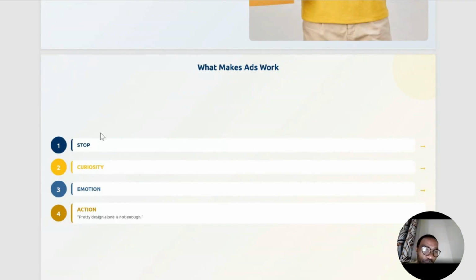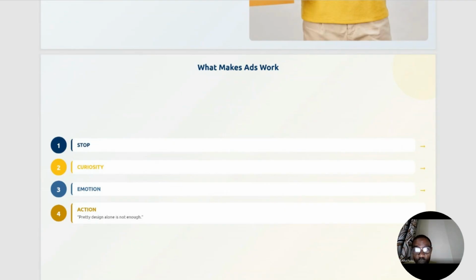So pretty design alone is not enough. You have to understand the psychology of human behavior. That is what drives marketing. So as much as AI is here, that's how we built Ndovesha. The frameworks behind the scenes have as their foundation all these concepts: copywriting, human psychology, and all that.